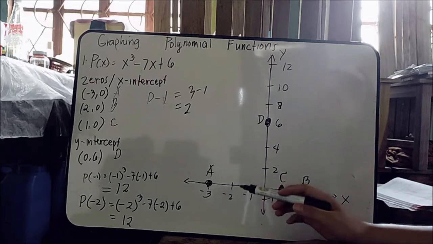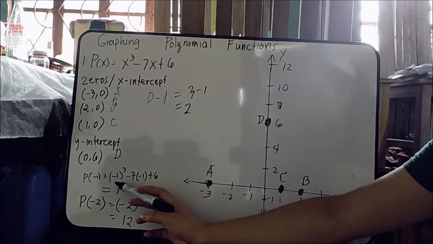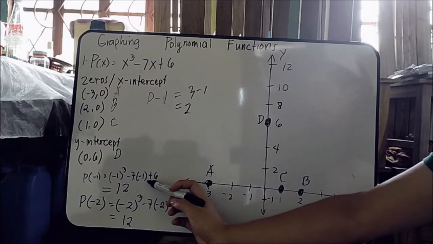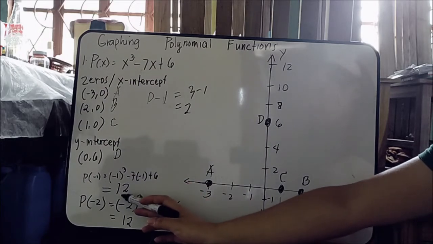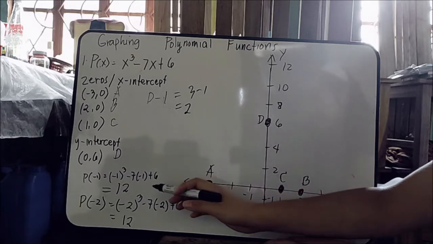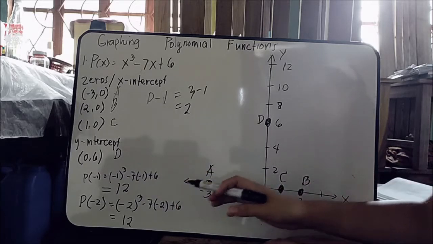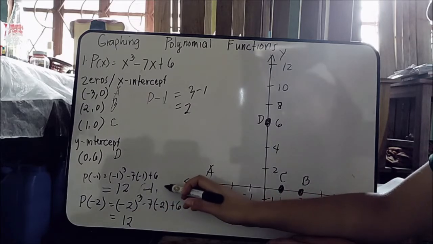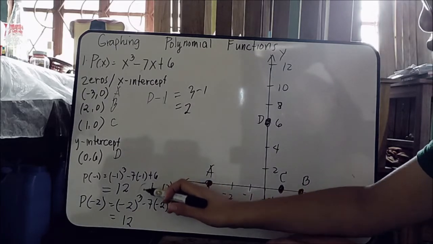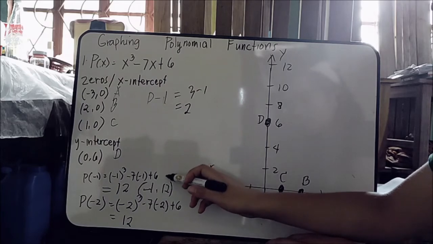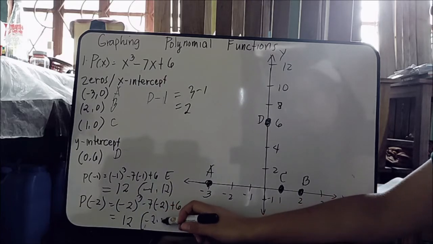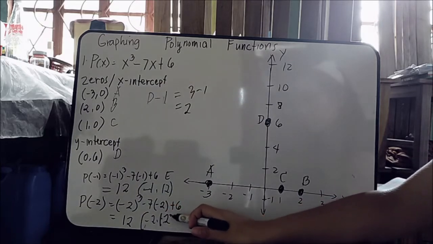So for negative 1, if we're going to substitute negative 1 cubed minus 7 times negative 1 plus 6, that is positive 12. So that will also be our point. And another point is negative 2, negative 1, and positive 12. So let's say this is our point E, and this one will also be our point F, 12.